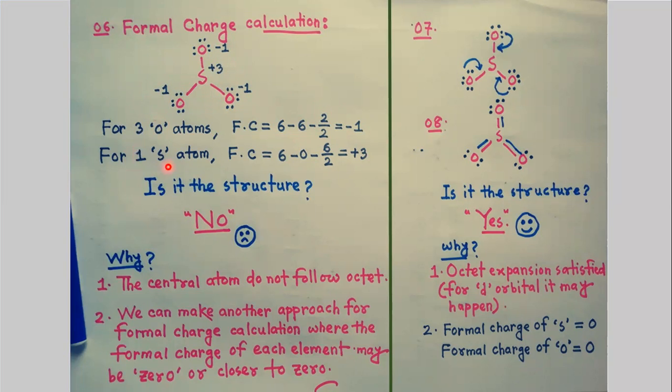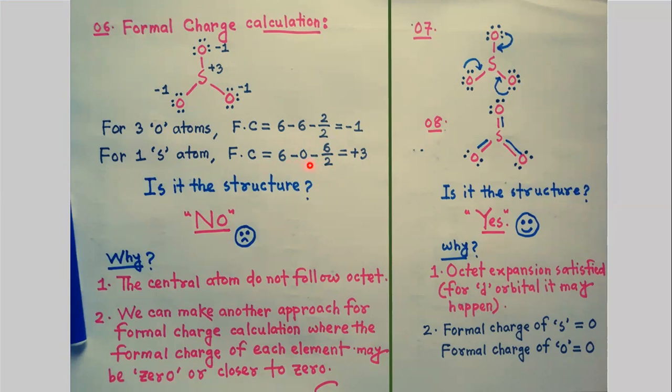For the one central sulfur atom, the formal charge is equal to 6, as there are 6 valence electrons, minus there are no lone pair or non-bonding electrons in here, so this is 0, minus as there are 3 single bonds in here, and in each bond we know there are 2 electrons, so there are 6 bonding electrons, 6 divided by 2.